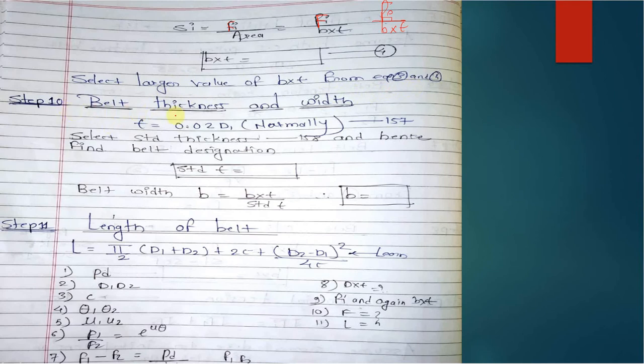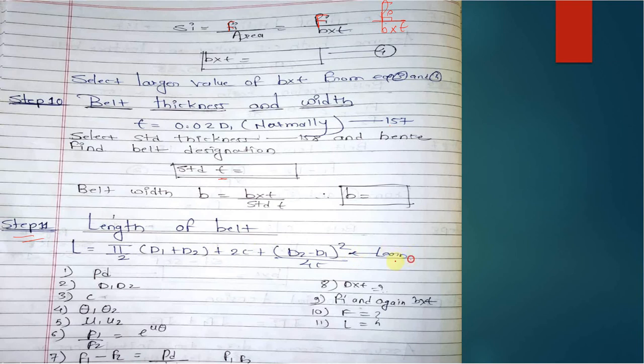Select the larger pulley of B into T from equation number 3 and 4. Step number 10, belt thickness and width: T equal to 0.02 D1. Normally we assume this, page number 157. Select the standard thickness on page number 158 and hence find the belt designation, the standard T. Belt width equal to B multiplied by T divided by standard thickness.